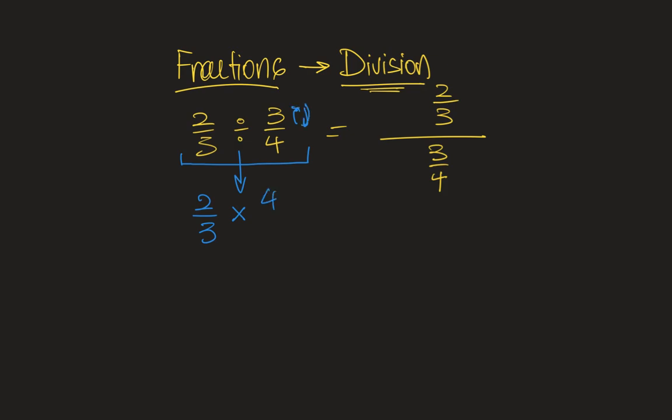So that's going to become multiplied by 4/3. And then if you recall what we did with multiplication, we multiply the top ones together. So 2 times 4 over 3 times 3, that's going to give me 8/9. And that's going to be the final answer that I don't simplify any further.